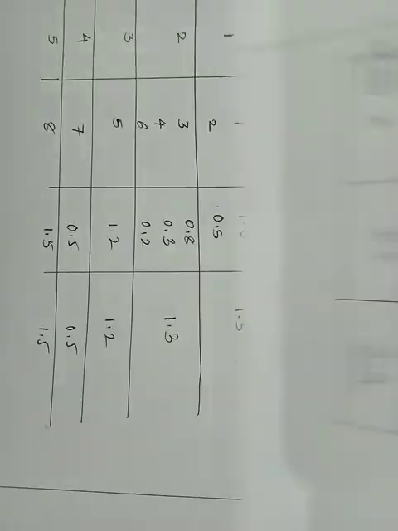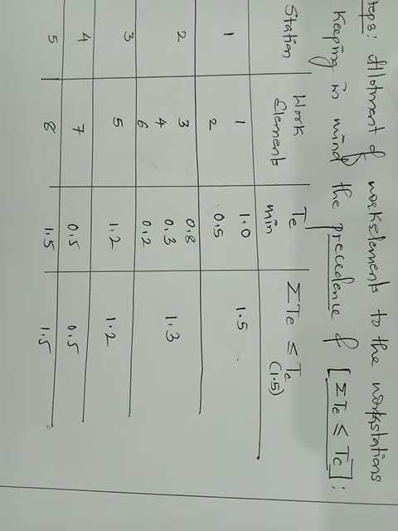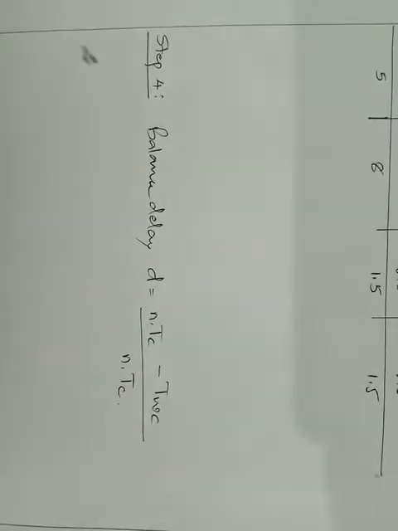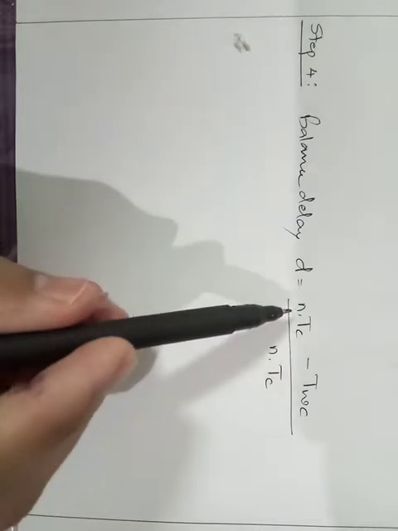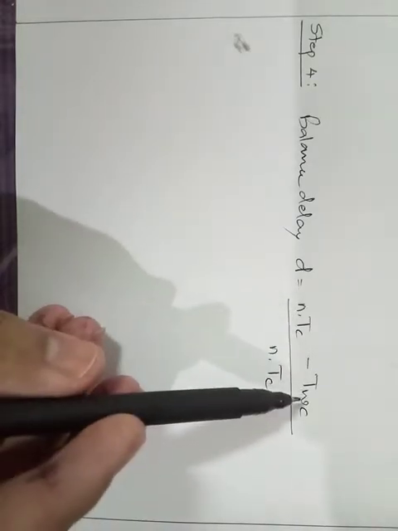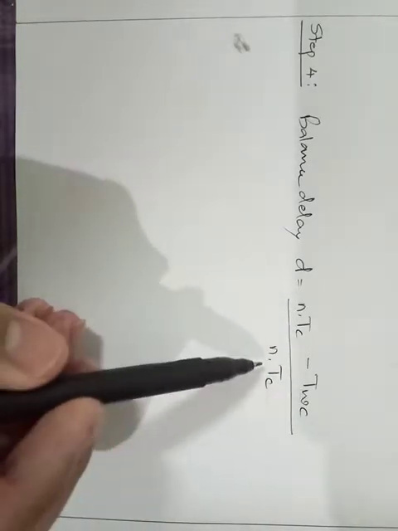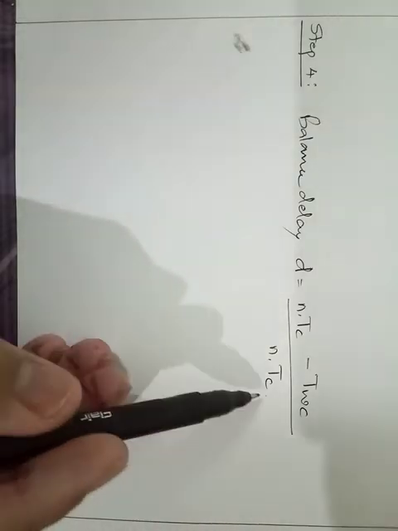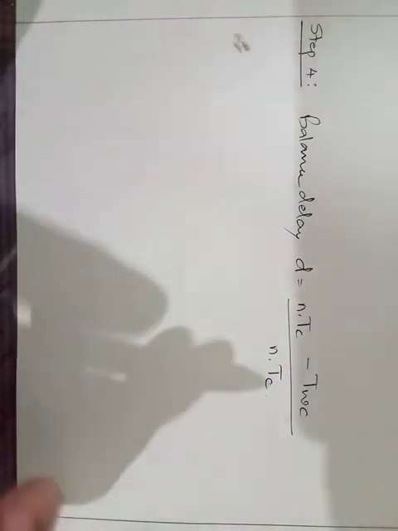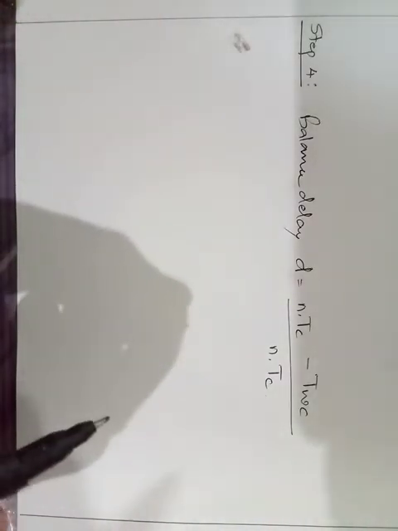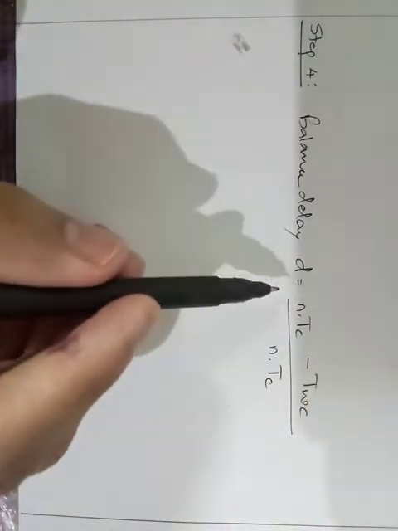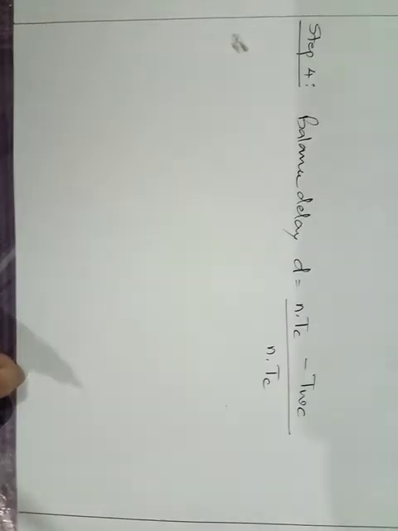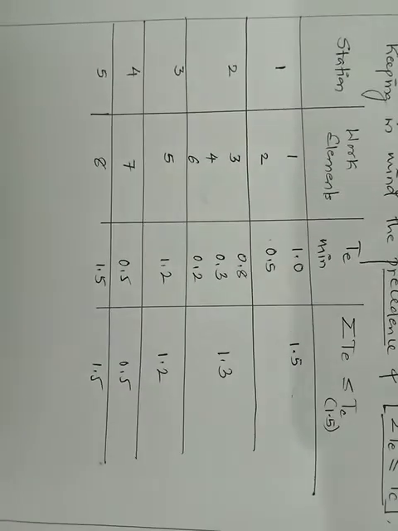Next, the last step, which is balance delay. How to calculate balance delay? To calculate balance delay, you have (n × Tc − total work content time) divided by (n × Tc). Cycle time Tc I know is 1.5, total work content time is 6.0 minutes, which I calculated as a prerequisite. Now n is the number of stations, which I get in step number 3.